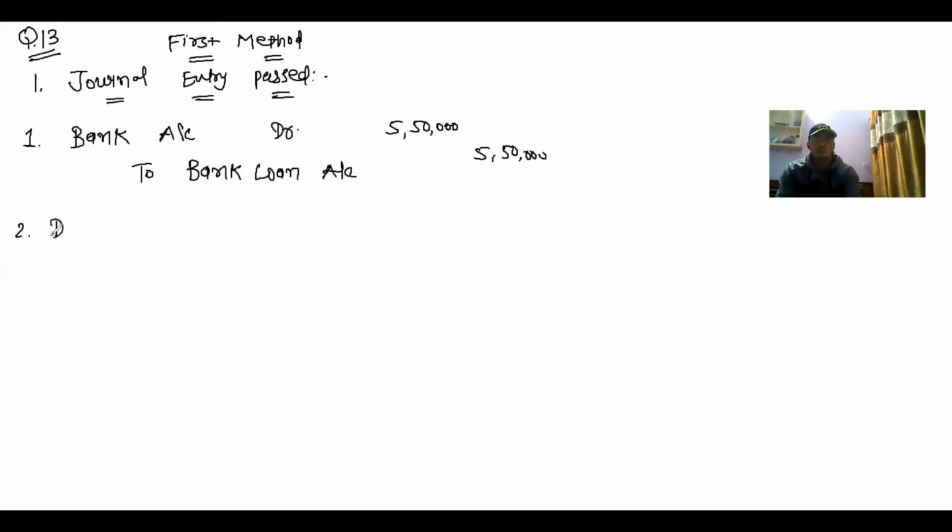So here the second journal entry, that is debenture suspense account debit to 10.5% debenture account. And here debenture mortgaged as a collateral security for 5 lakh.